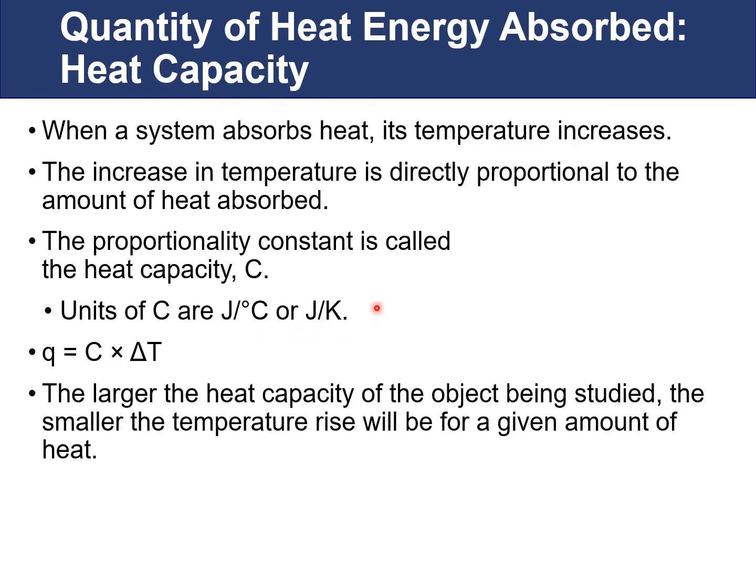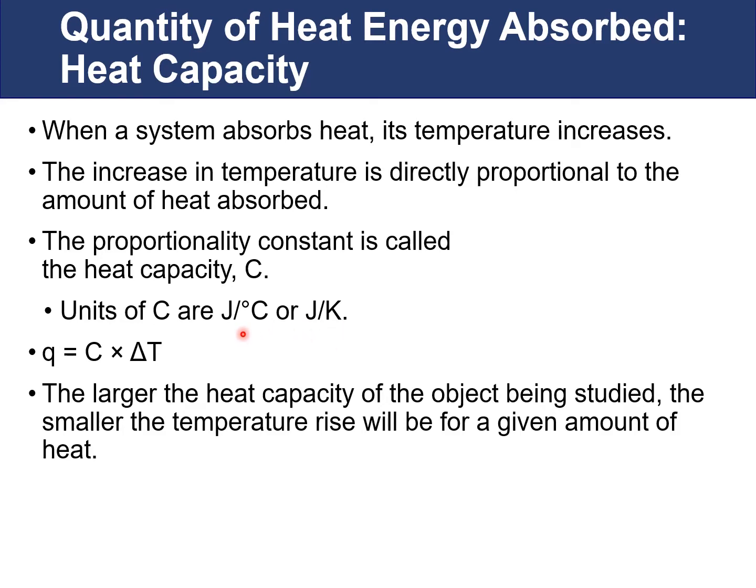Because when we're looking at our heat capacity, we're interested in the change in temperature, not the actual temperature, but the change. The difference between two different temperatures in Celsius is the same as the difference between two different temperatures in Kelvin.